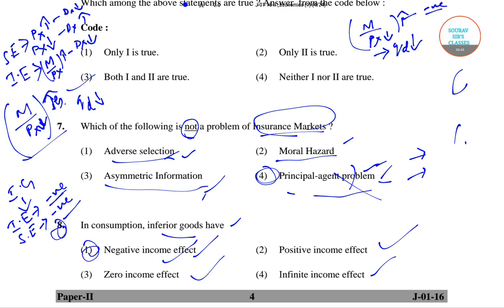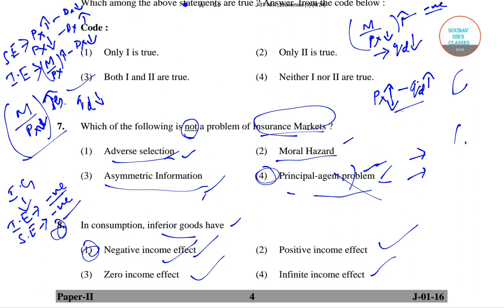And on the other hand, negative substitution effect means that a fall in price results in an increase in the quantity demanded.